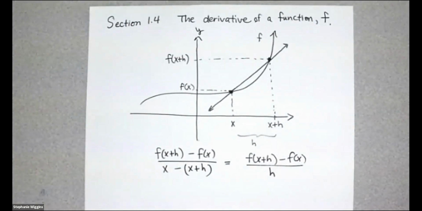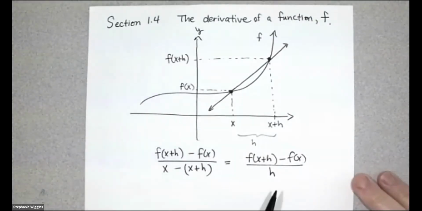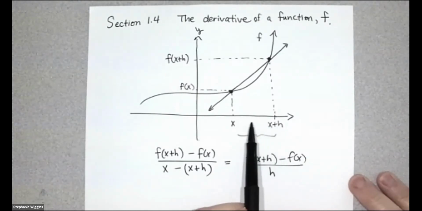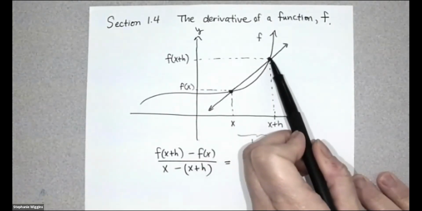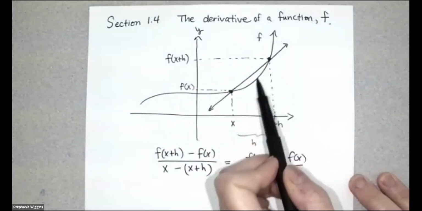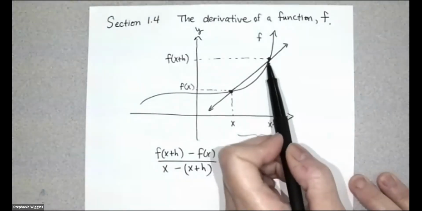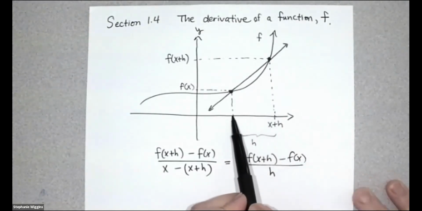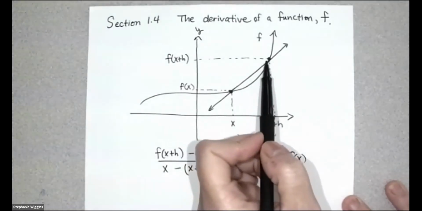We are interested in this difference quotient as h gets smaller and smaller. In other words, as h gets smaller, this point is moving in this direction. So this distance is getting smaller, and it's getting closer and closer to your starting value of x.